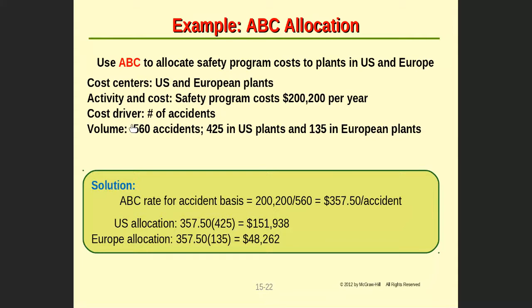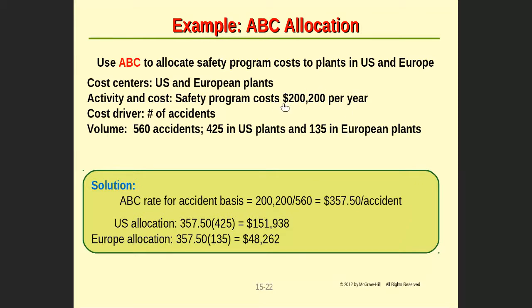Then it gives you a case where you can apply this as a reference for countries or for strategic planning. When you compare the number of accidents in US plants, it was 425 compared to 135 in European plants.